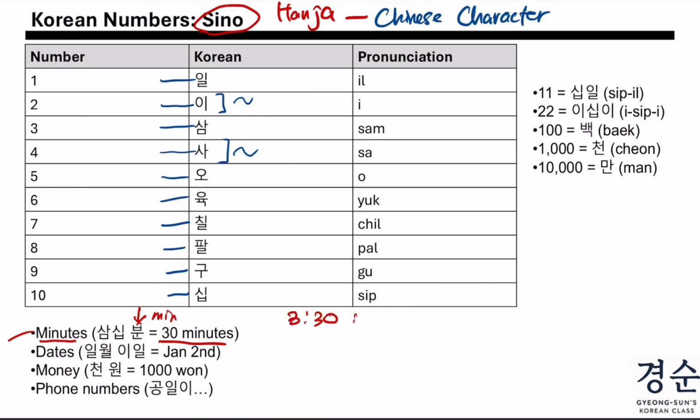It's 3시 30분, right? 3시, this is a native Korean number. 30, it's a Sino number. 시 is the hour, 분 is the minute. So we use two separate sets of numbers for time, basically. Okay, 3시 30분. You can do lots of practice for time.